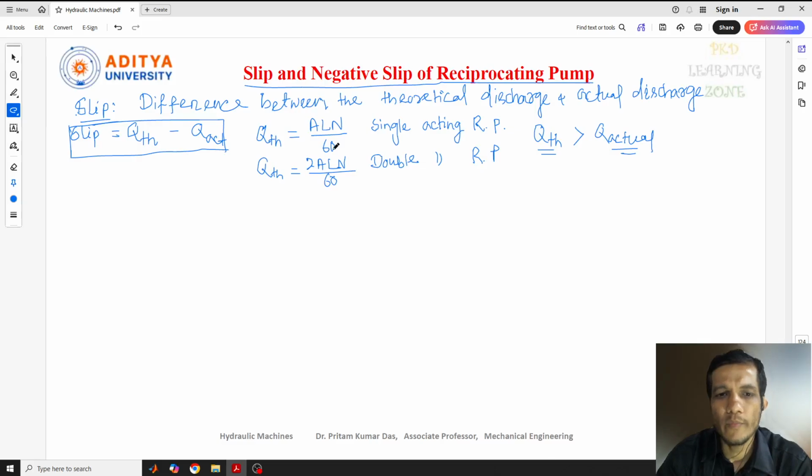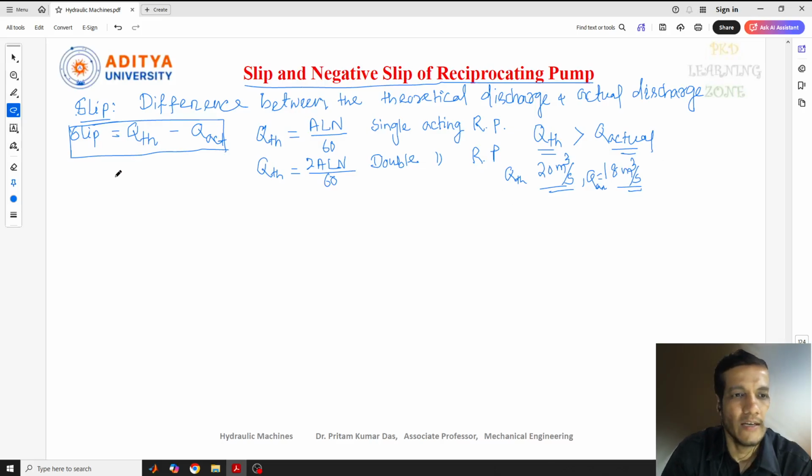Now, suppose by this formula we got a discharge value of 20 meter cube per second. So 20 meter cube per second of liquid was to be delivered. And if you actually measure how much discharge happened, suppose 18 meter cube per second of water was delivered, that is Q actual. The difference is 2 meter cube per second.